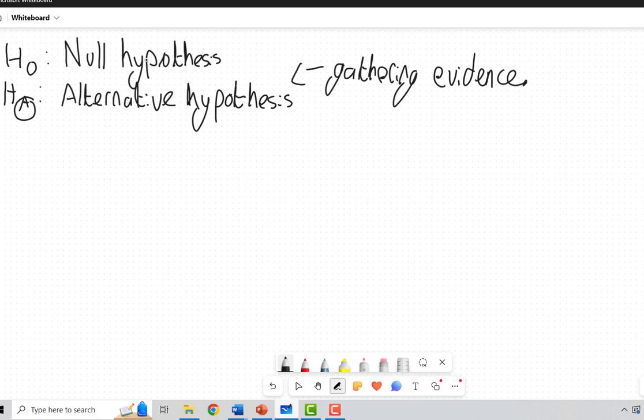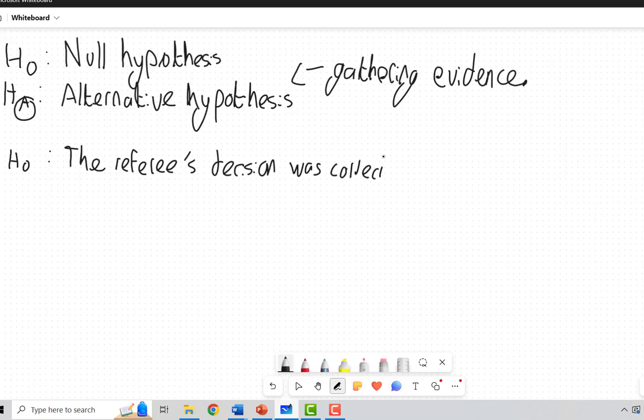Just like if a detective is trying to prove somebody's guilty of a crime, at the beginning we don't have any evidence, so the null hypothesis holds that they're not guilty of a crime, but we can gather evidence and prove the alternative hypothesis that they have committed a crime. So let's have a little example. H0: the referee's decision was correct. The original referee's decision was correct, and it is a touchdown.